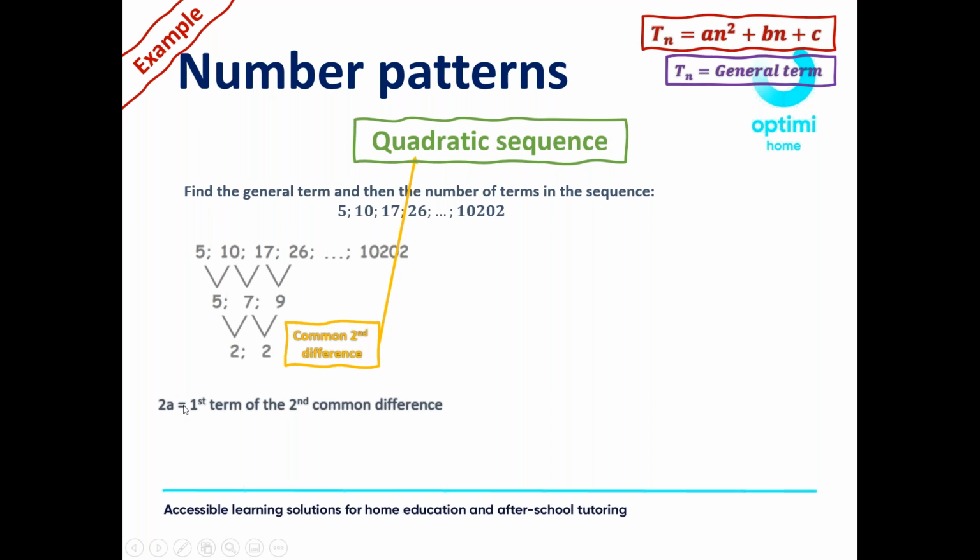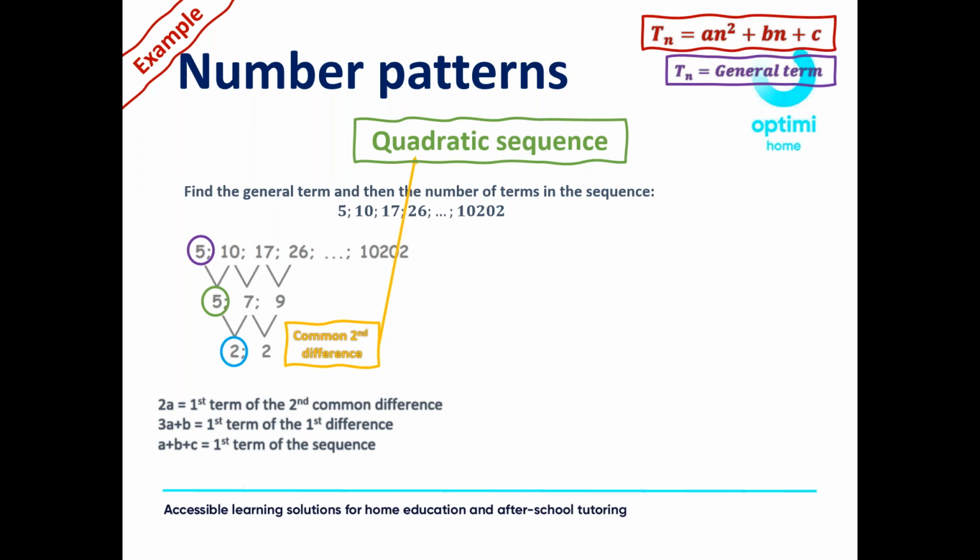So 2a is equal to 2. 3a plus b is equal to the first term of the first difference, in this case, 5. a plus b plus c is equal to the first term of the original sequence over there. Right, so these 3 equations, I'm just saying it again, will not be given to you. It's part of your calculations and steps and thinking that you'll have to do.